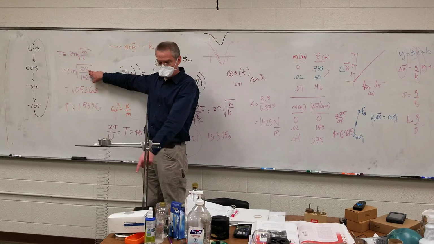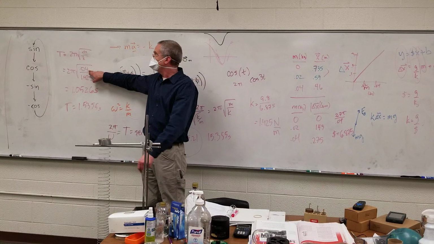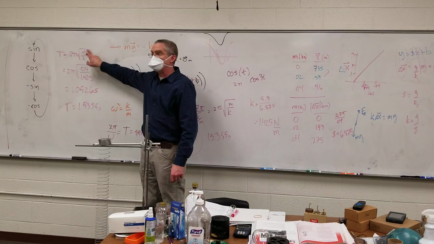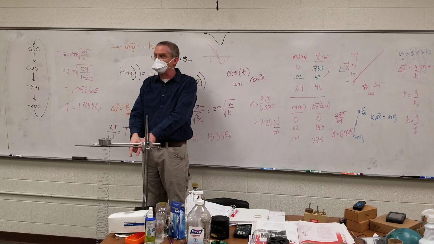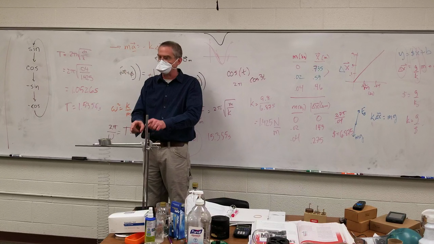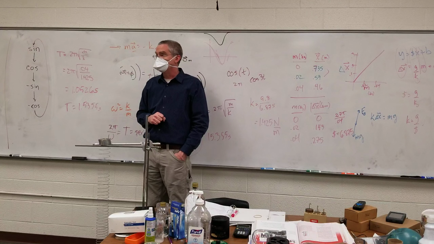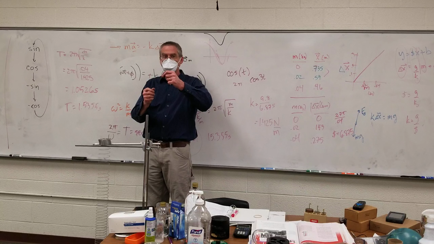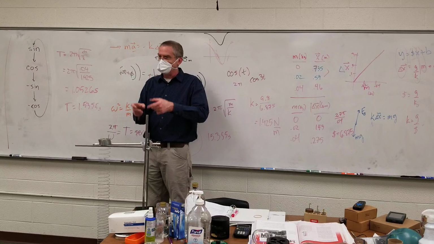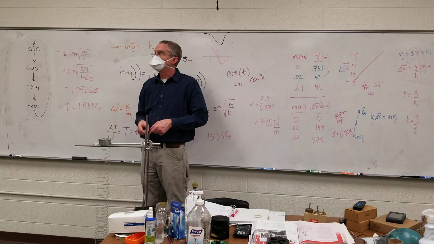That 0.04 is only what I attached to it. This mass right here needs to be the mass of what I hang on to it plus the effective mass of the slinky. So you need to count the mass of the slinky too. The effective mass of the slinky. We're not gonna put the slinky onto a balance and find out what the mass is, but we do need to take it into account.